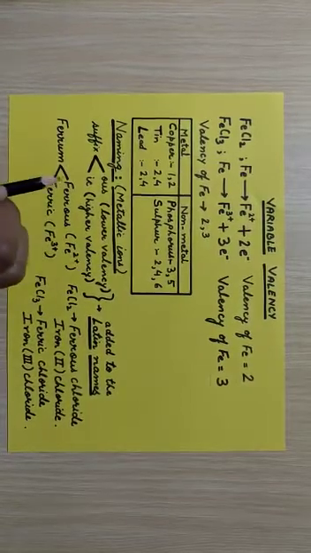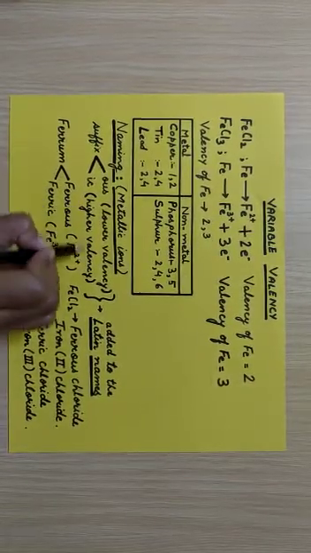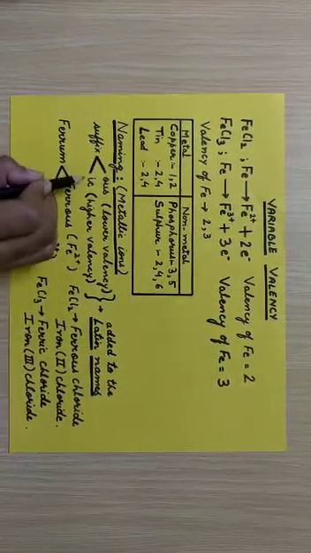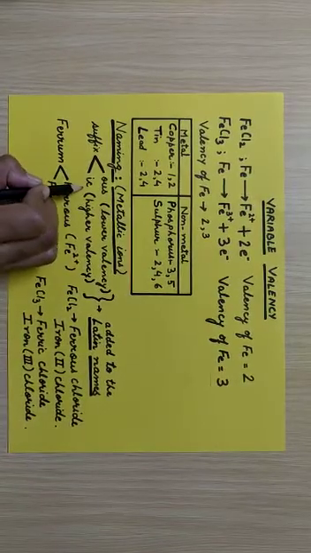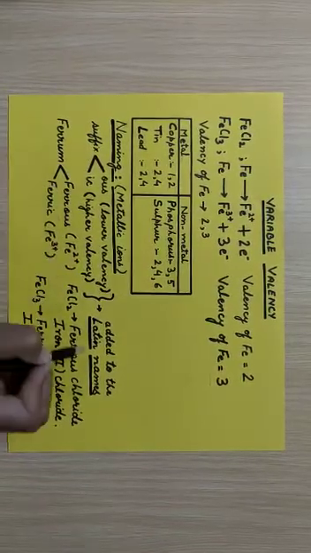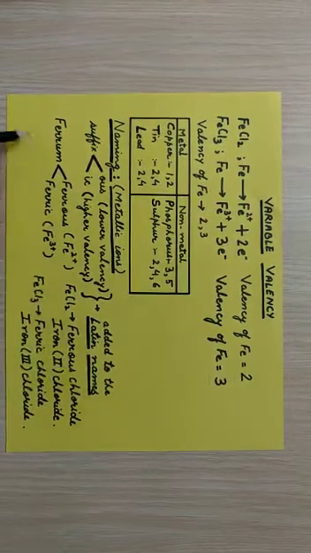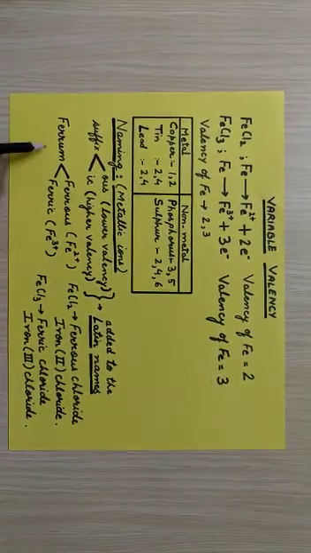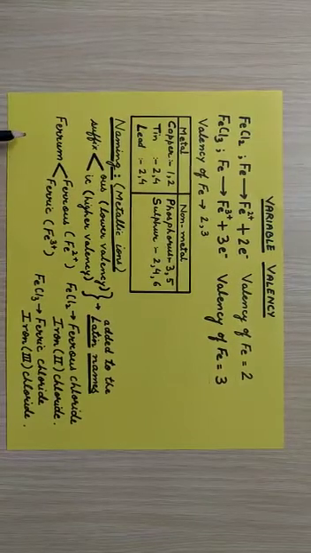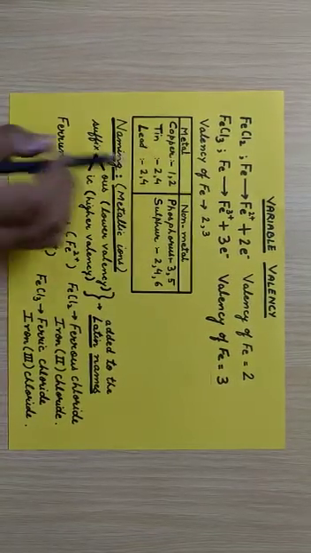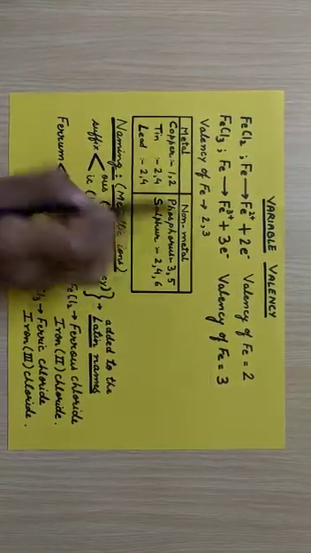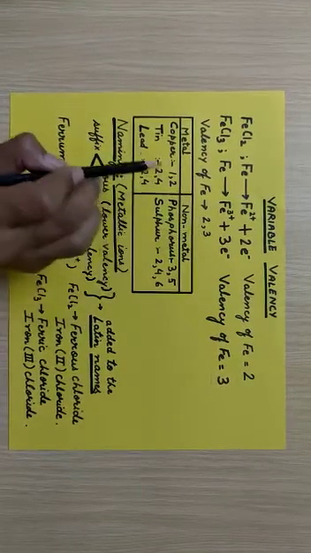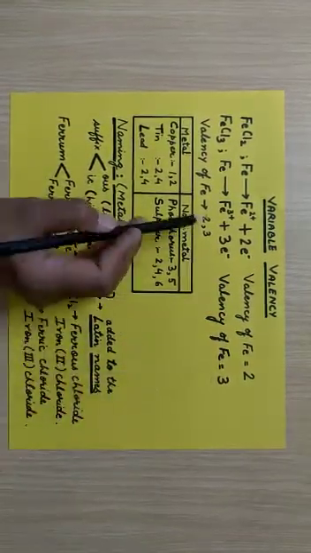And if an element is showing a higher valency, a suffix IC, that is ic, is added to its Latin name. To understand this better, let us have a look at this example. The Latin name of iron is ferrum. Now what are the two valencies of iron? 2 and 3.